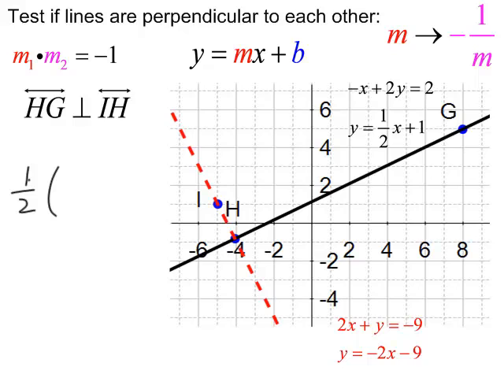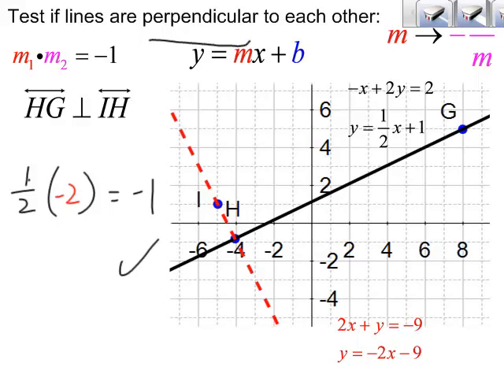Multiply it by the other slope that we created, the other line, which was negative 2. When you multiply those, do you get negative 1? If you do, then yes, the lines are perpendicular. Okay, and they are. Okay, let's keep going.